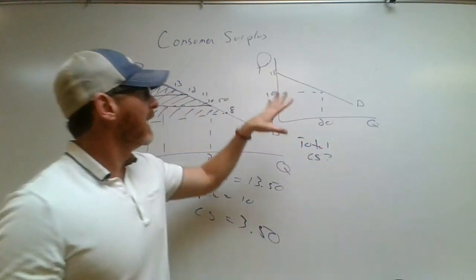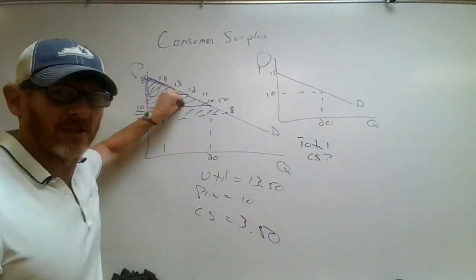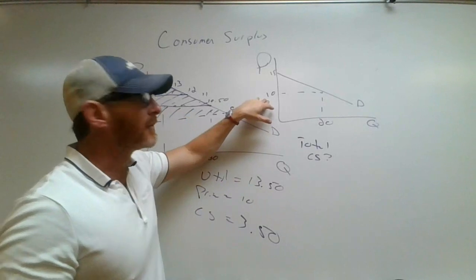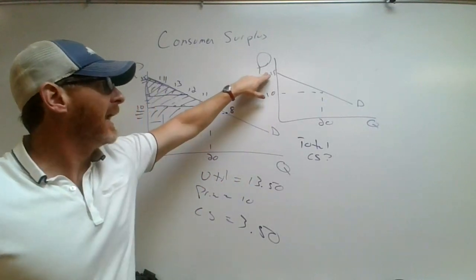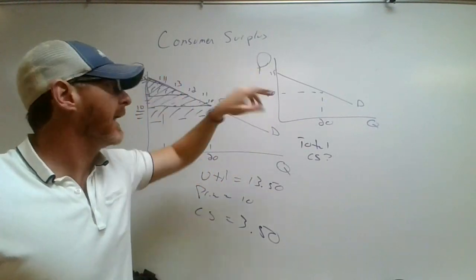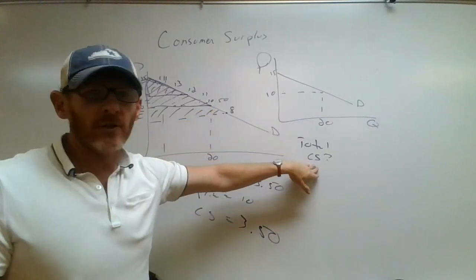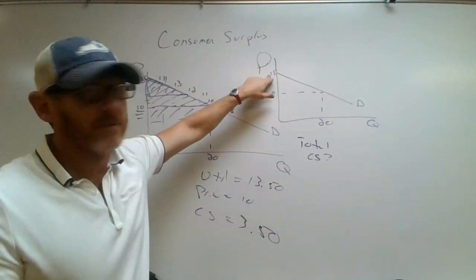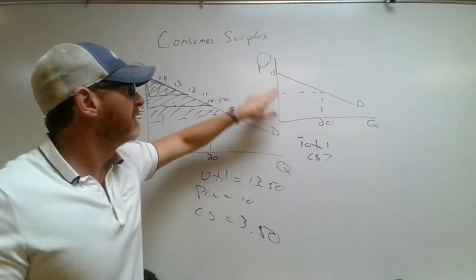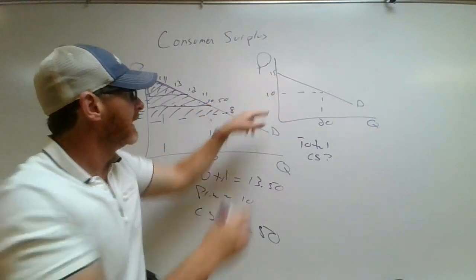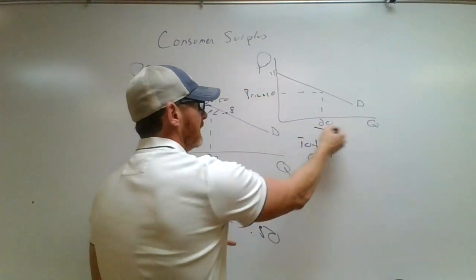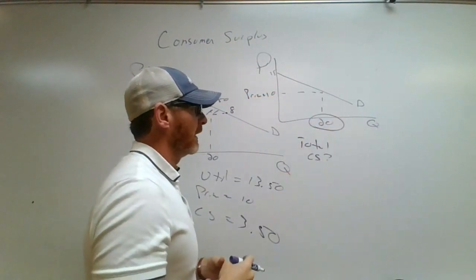So how much are we coming out ahead as consumers if the price is $10? If the price is $10 and the height of our demand curve where it hits the y-axis is 15, what's our consumer surplus? Now that would change if this ends up becoming 16 or 20 or 50 or whatever.